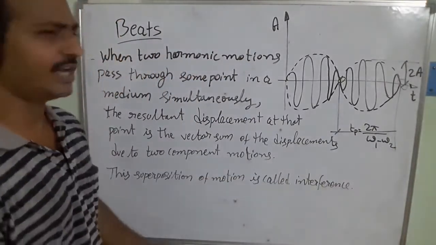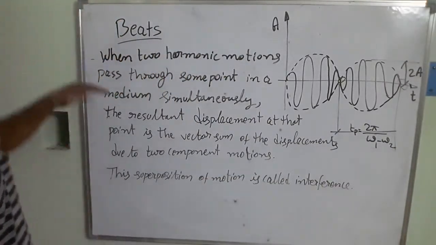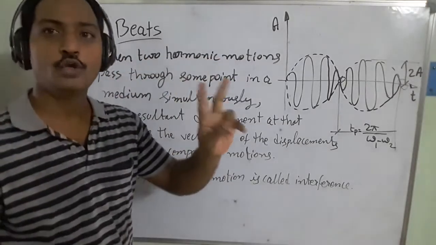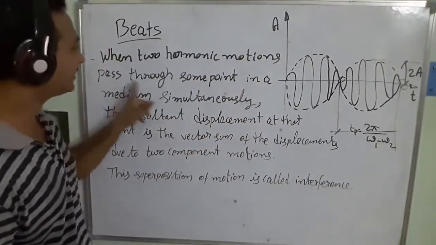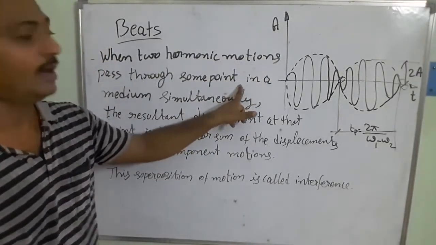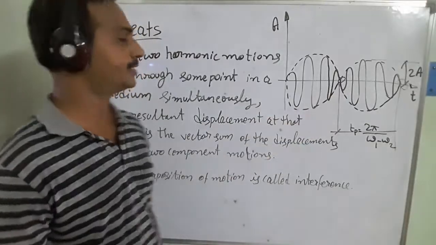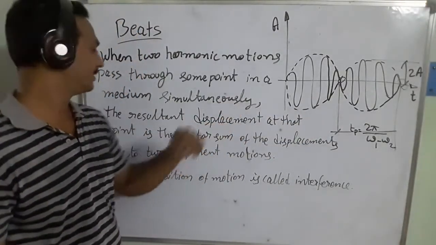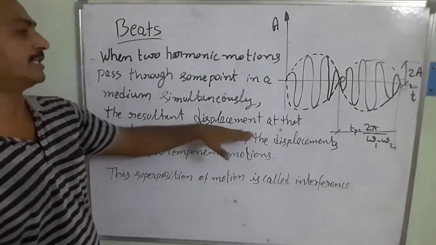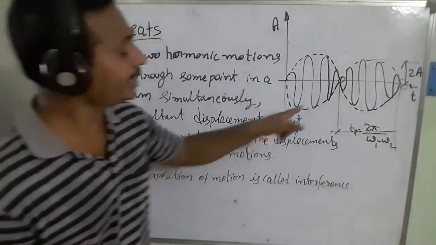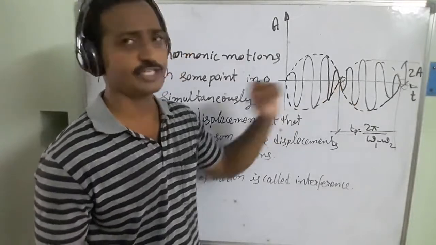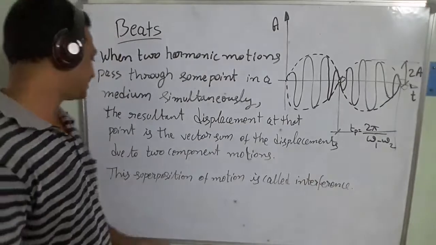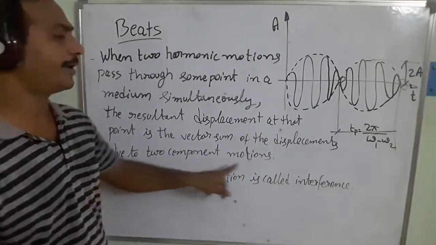So what is the exact definition? When two harmonic motions pass through the same point in a medium simultaneously, the resultant displacement at this point is the vector sum of the displacements due to the two component motions.